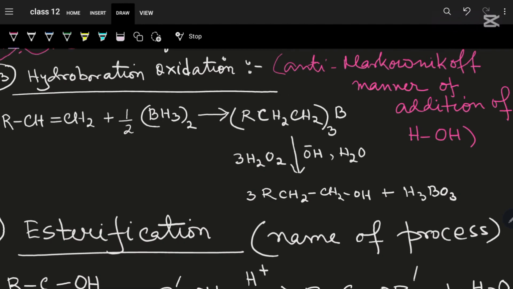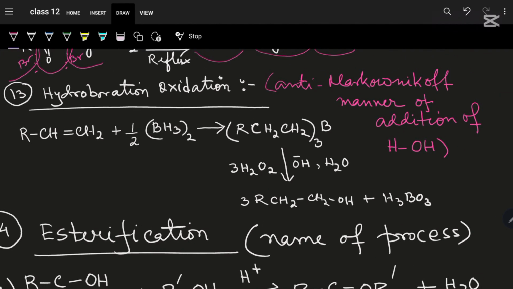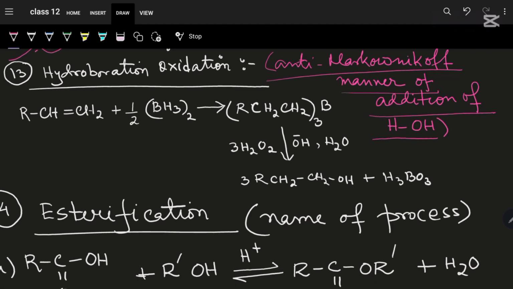Next, hydroboration oxidation is a method of addition of H2O, in HOH manner, following anti-Markovnikov addition to an unsaturated system. I have given an unsymmetrical unsaturated system in order to show you, in presence of BH3, that is borane or diborane.